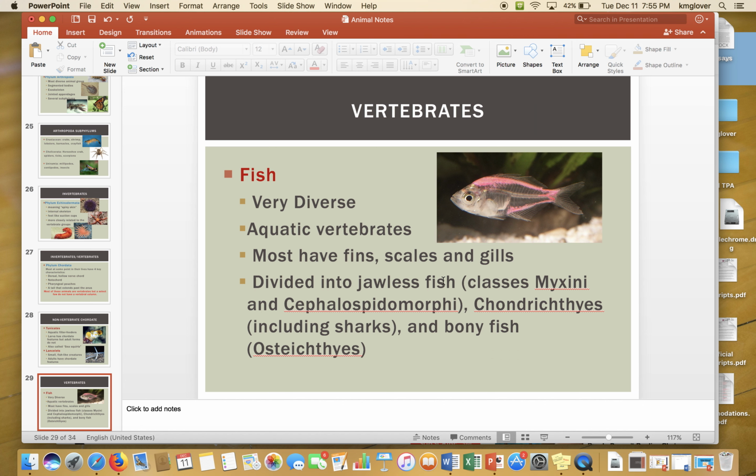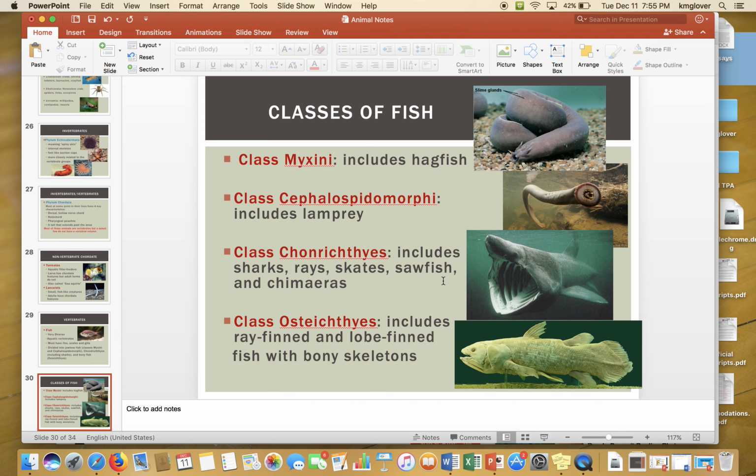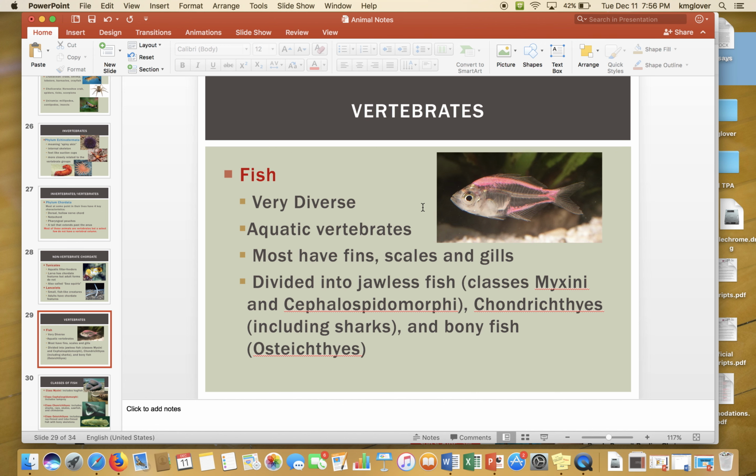So here's some examples of them. Your class Myxini, that's your hagfish. And then Cephalaspidomorphi, these are your lampreys. These are these right here. Both of these are very, very unevolutionarily advanced.